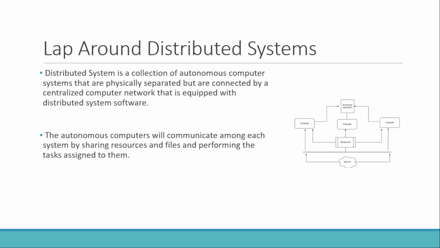Basically this refers to a collection of autonomous computer systems that have been physically separated but are connected by a centralized computer network which has been equipped with the distributed system software. And these autonomous computers communicate among each other by sharing the resources and files and performing the tasks which have been assigned to them.